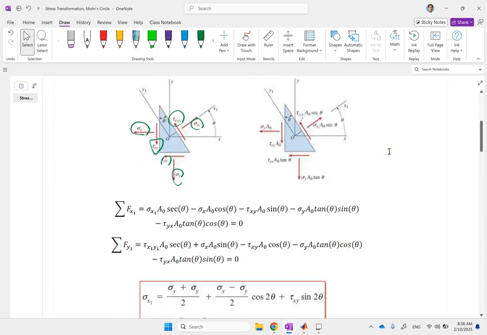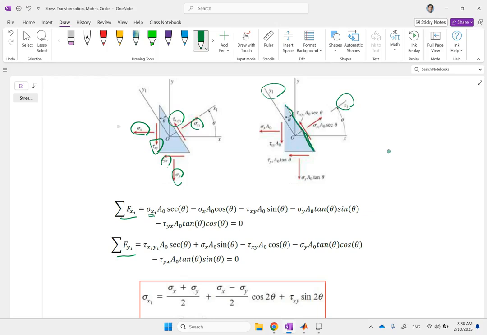Now you say that this whole thing has to be in equilibrium. So you're going to write the summation of the forces in the x1 direction, the new normal, and y1, the new tangent. And if you do so, you're going to get these equations. Sigma x1 clearly is going to be multiplied by the area of this plane.